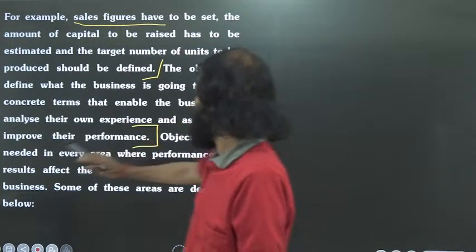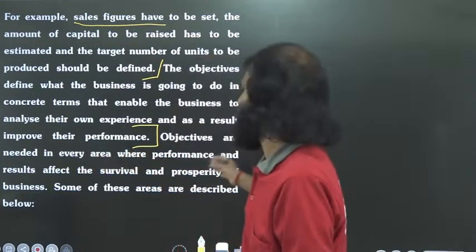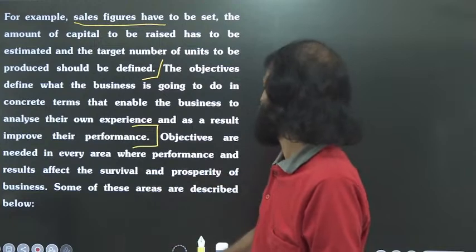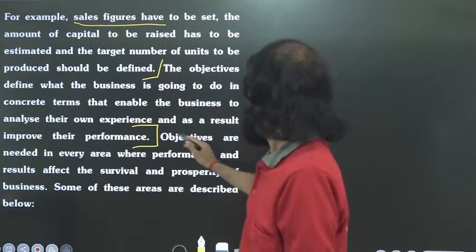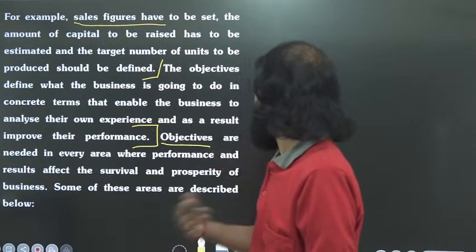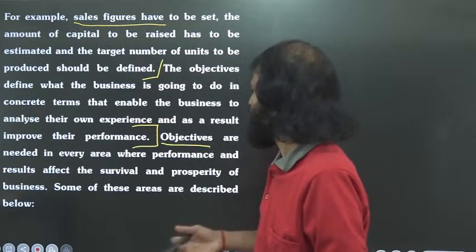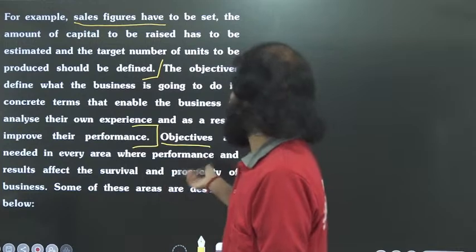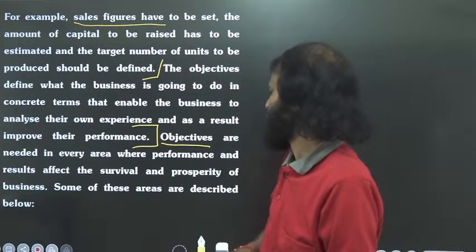Objectives are needed in every area where performance and results affect the survival and prosperity of business. That is what actually the objectives, your goals, your plan and the strategies which you implement really decide the performance and the result.